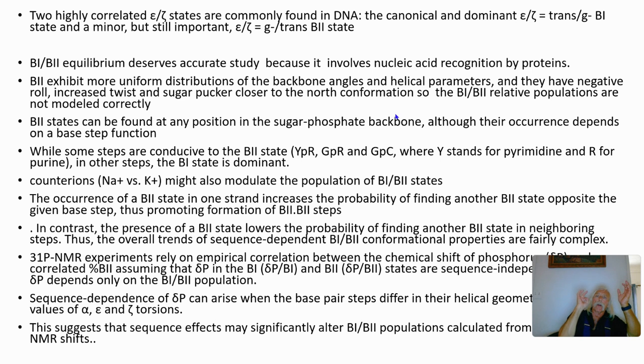So the B1, B2 relative populations are sometimes not modeled correctly. Why are they not modeled correctly? Because there's too much authentic biochemistry going on for the modeling to deal with these alterations. Because these are not alterations that are fixed in every B1 or B2 conformer.